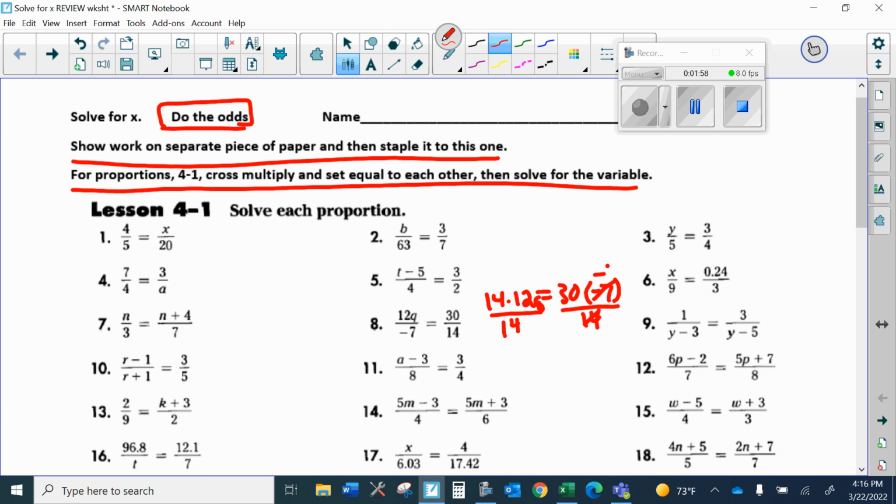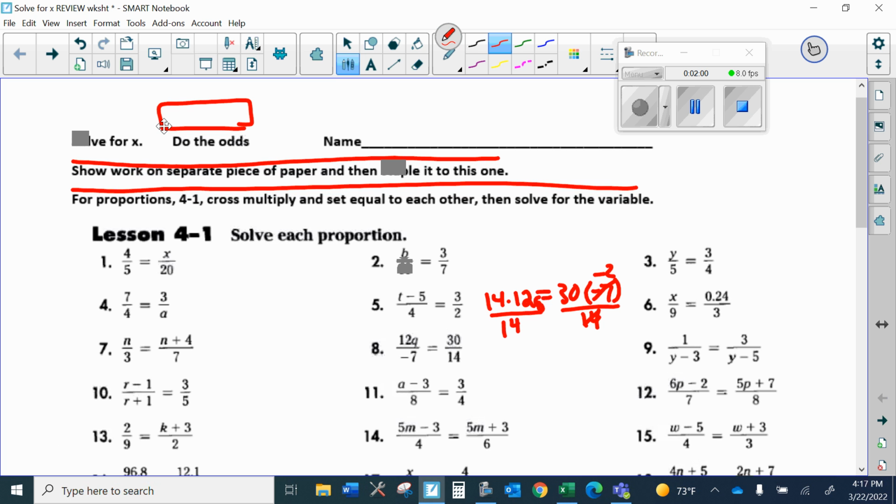And then I'll cancel down to -1 right there and a 2 here. And then 30 divided by 2 is 15. So I'm at -15 right there, equals 12q. And I'm back to where I started, where I could divide by 12 and simplify that down to -5/4.